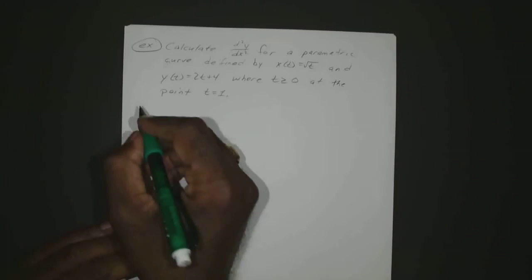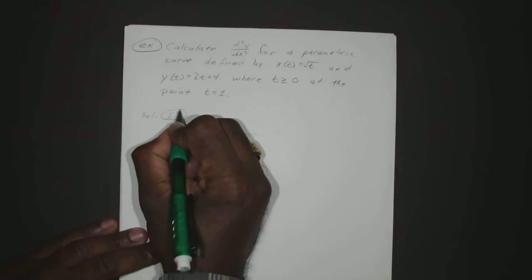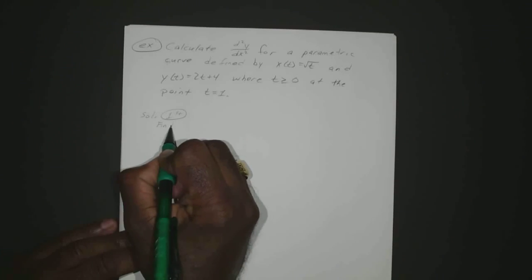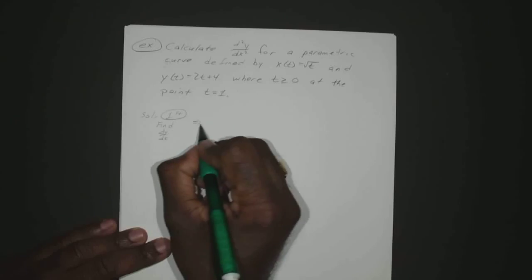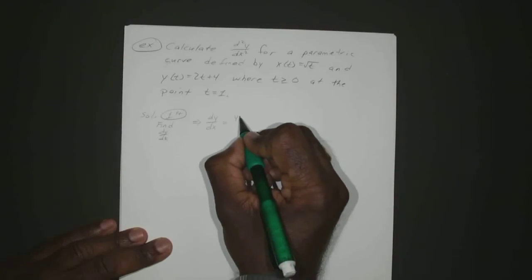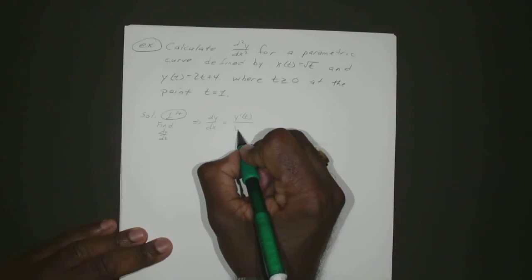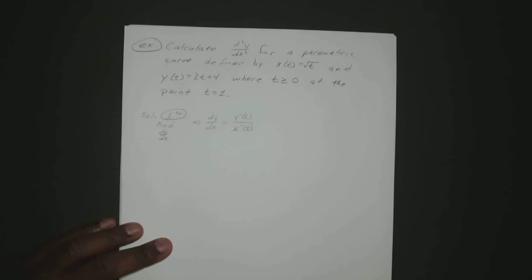Okay. So again, we first find our first derivative. We know our dy/dx is y prime of t over x prime of t.